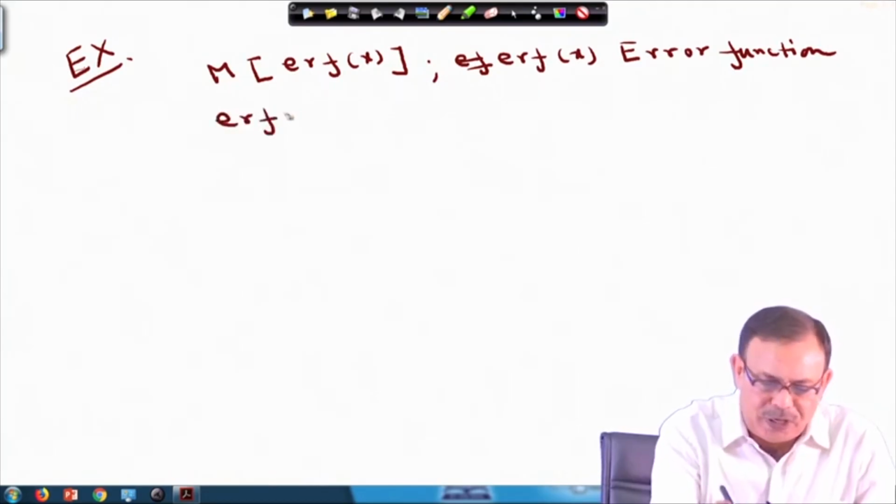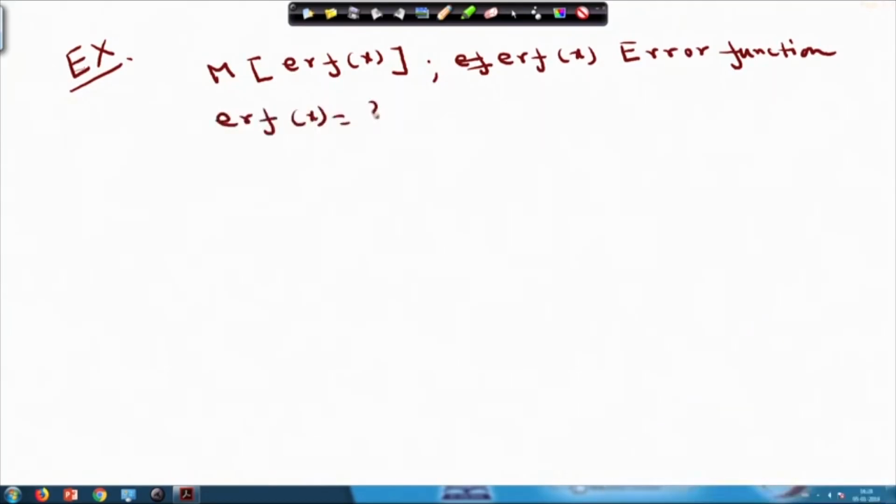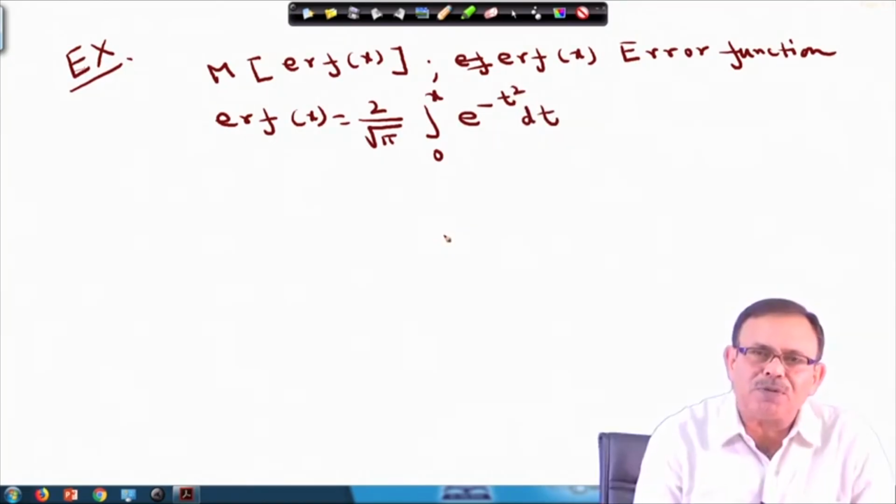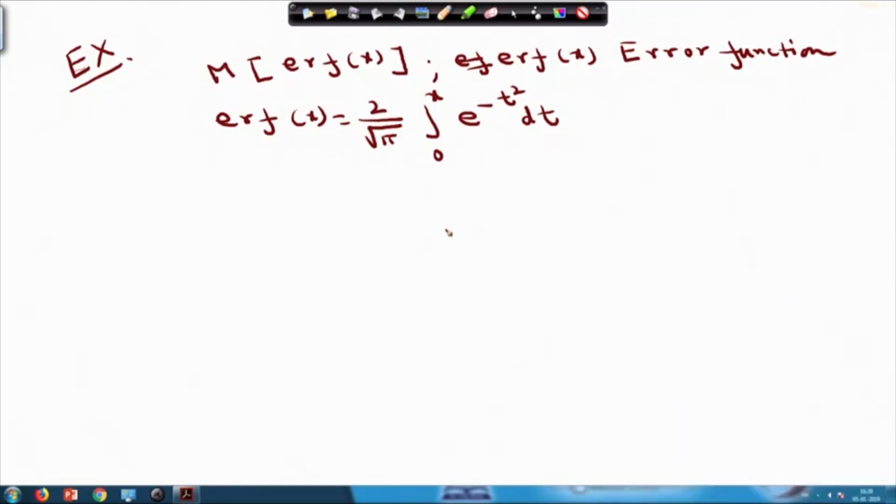This ERF of x is defined as 2 by root over pi integral 0 to x e power minus t square into dt. The complementary error function we have defined earlier whenever we did the Laplace transform and the Fourier transform. So, now we want to find out the Mellin transform of error function of x, that is ERF of x. So, we start from this.